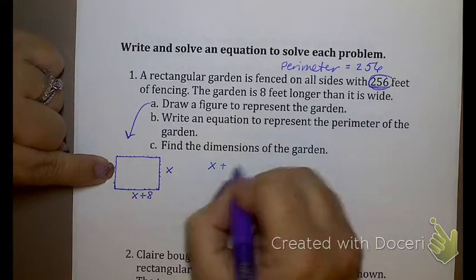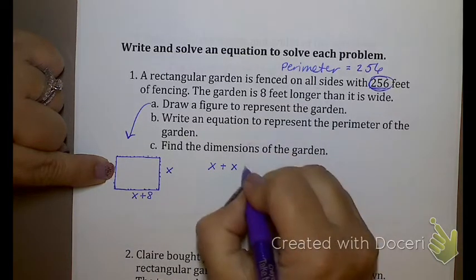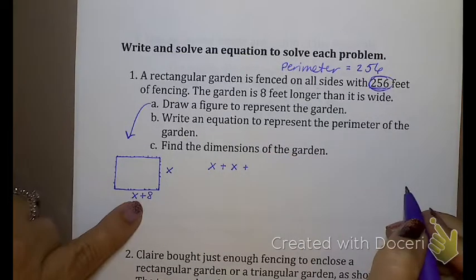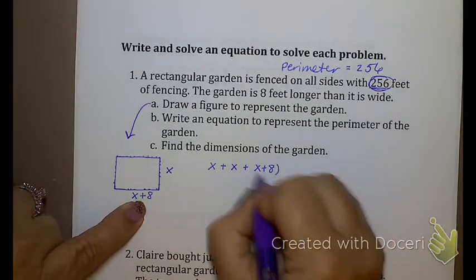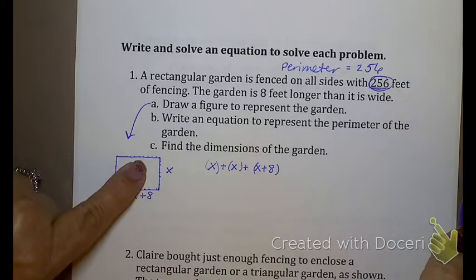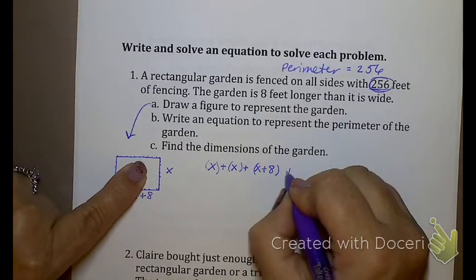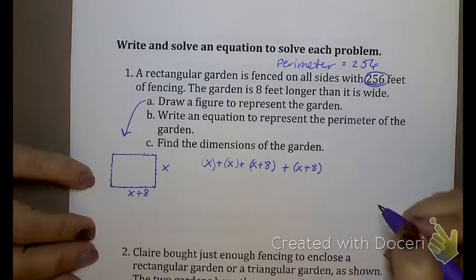X. It would also be X. So that represents 2 of the sides being added together. Then I have this side. Technically, I should have these in parentheses. And then what would this one be? Also X plus 8.